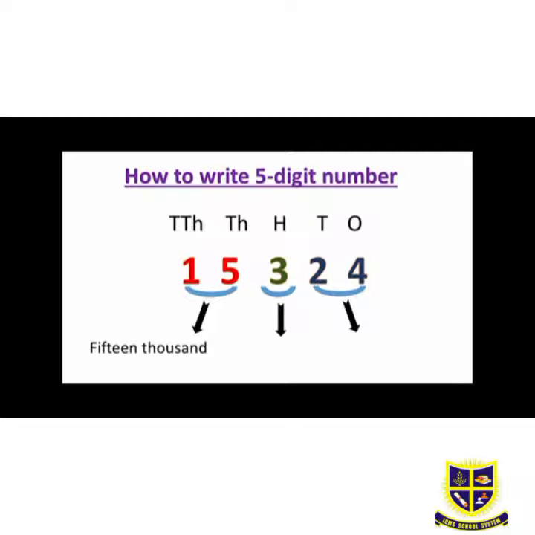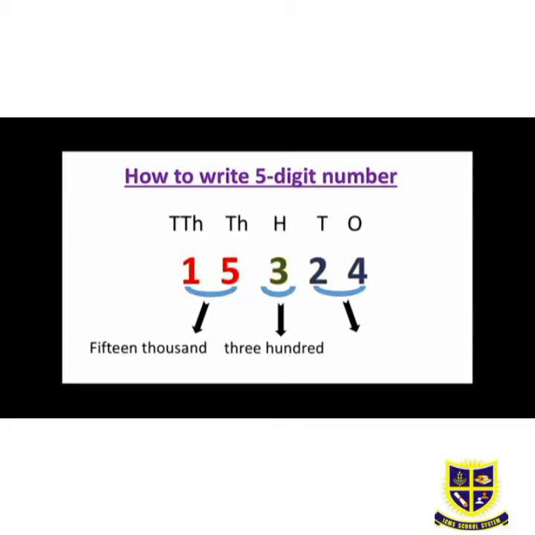So the first part comes from 1 and 5 taken together, which is 15. Because it is in the thousands place, we write it as 15,000.